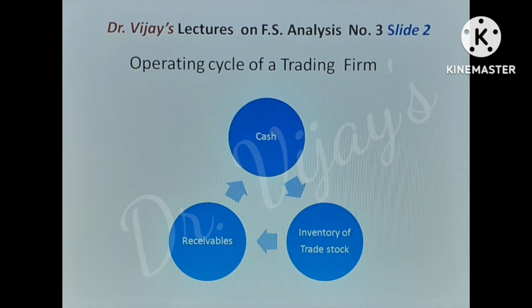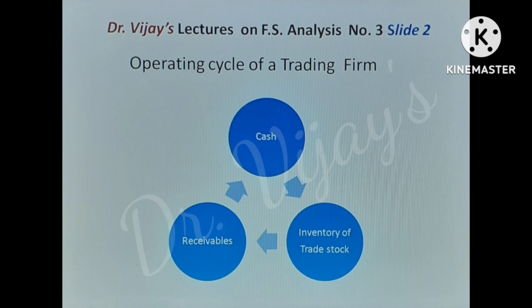The first is cash. Cash means cash in hand and cash at bank. That is used for purchase of trade stock. So on acquisition of trade stock, the working capital flows on to inventory of trade stock, and on sale of goods on credit, it flows on from inventory of trade stock to receivables as bills receivable, notes receivable, and sundry debtors.